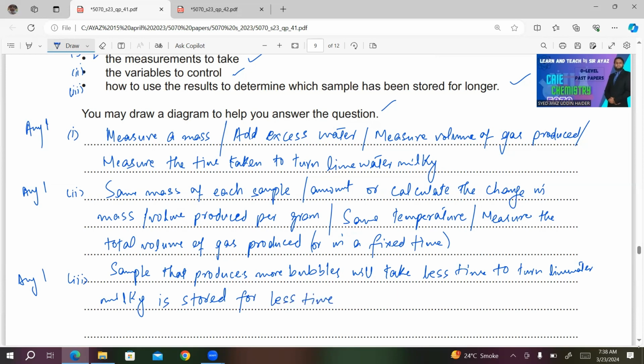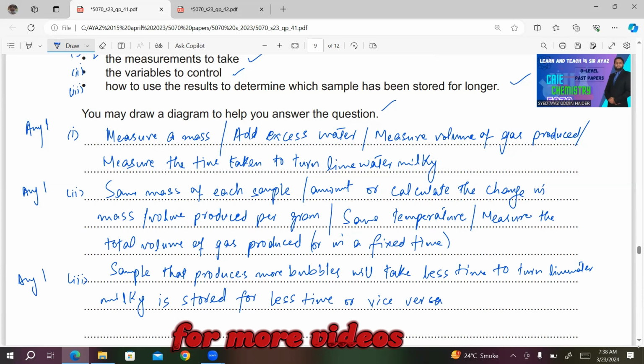Here you have lots of bubbles, or vice versa. The opposite statement will be: the sample that produces less bubbles will take more time to turn lime water milky, which means it is stored for a longer period of time.